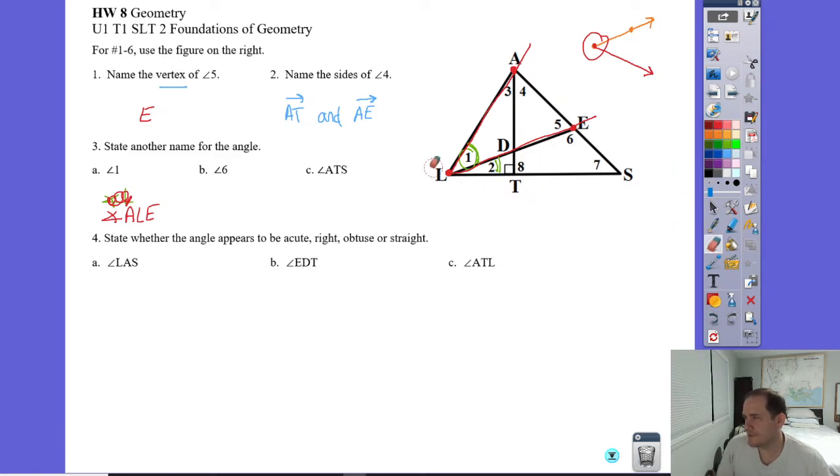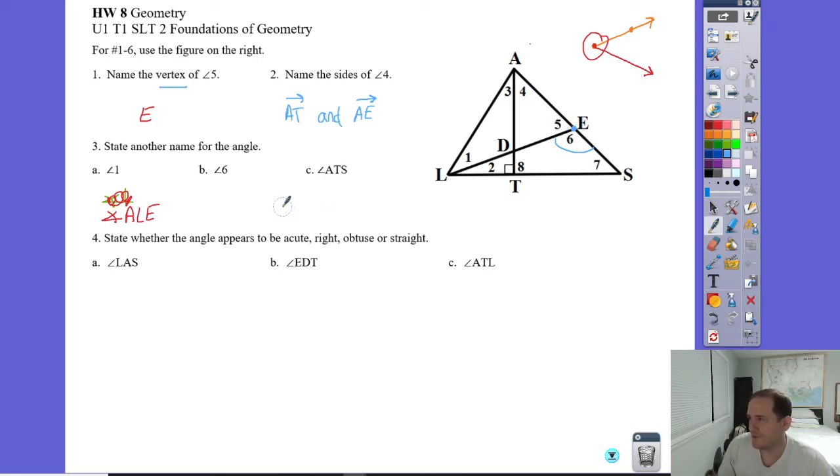Now to rename angle 6. So we find angle 6. There it is. And angle 6 has its vertex at E, but we still can't just call angle 6 angle E, because angle 5 also has its vertex at E, and that would get confusing.